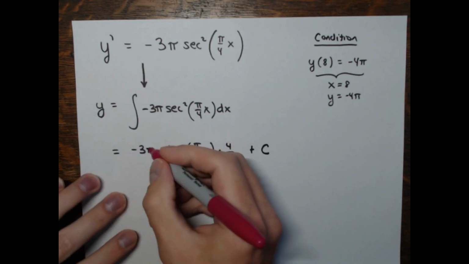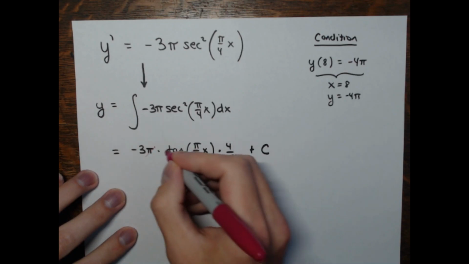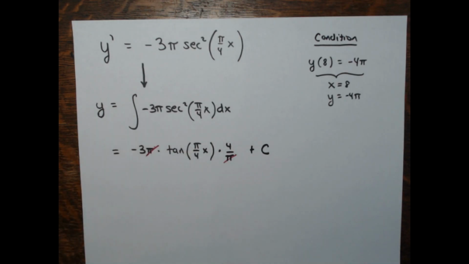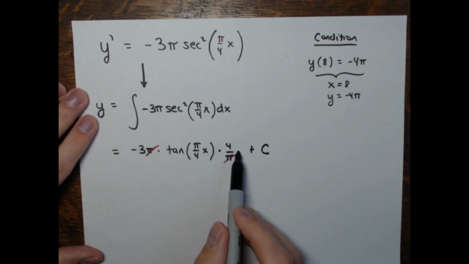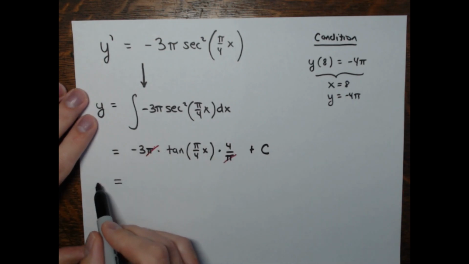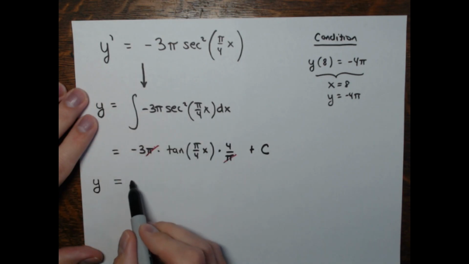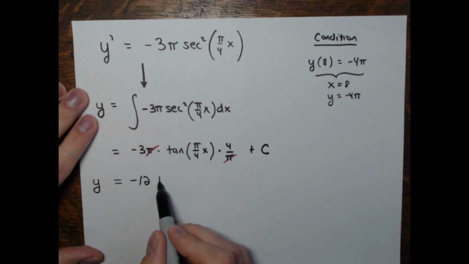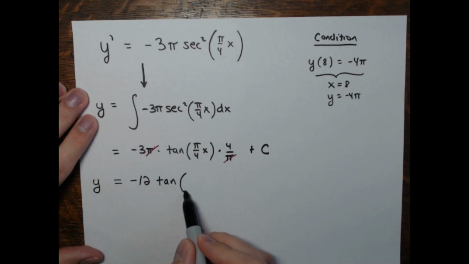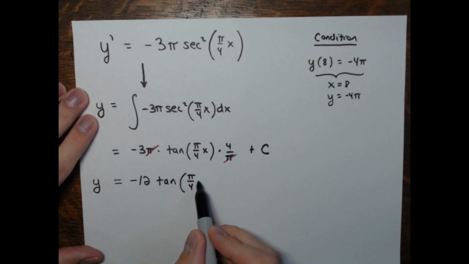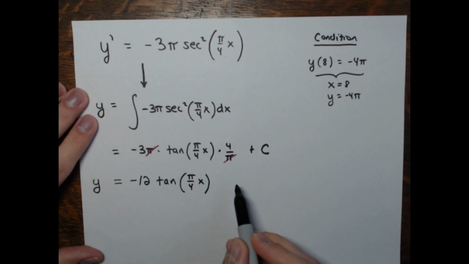I see the pi's cancel, and that's really it. Then you've got negative 3 times 4. So this is the general solution of this differential equation: y equals negative 12 times the tangent of pi over 4 times x, and then plus any constant.